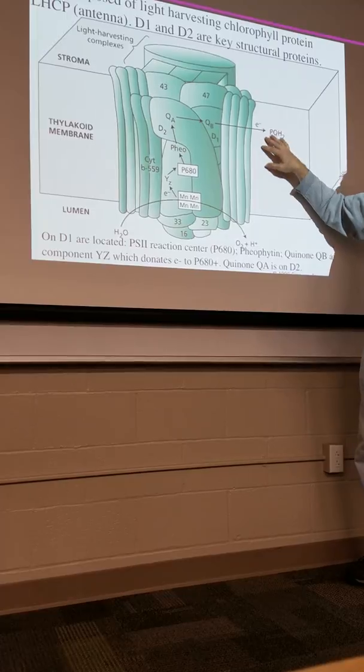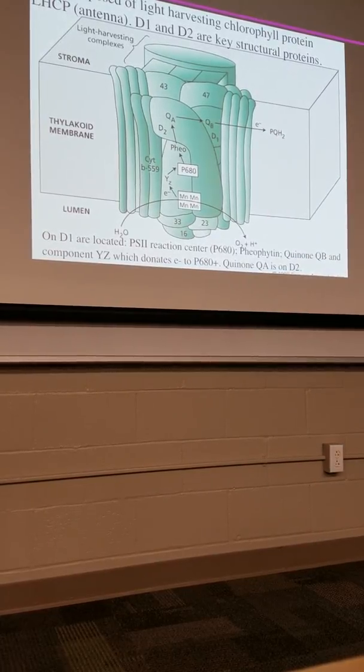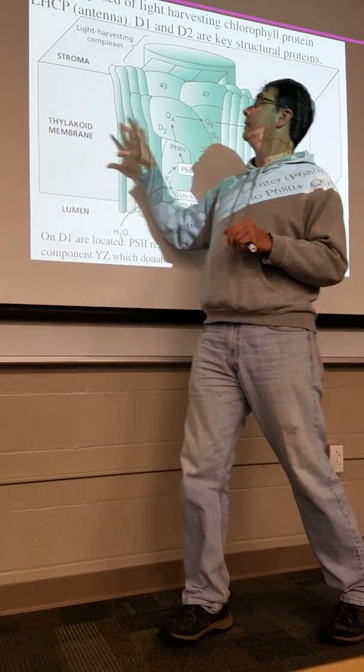And at this point, plastoquinone is a small molecule that is mobile within the lipid portion of the lipid bilayer in our thylakoid membrane.